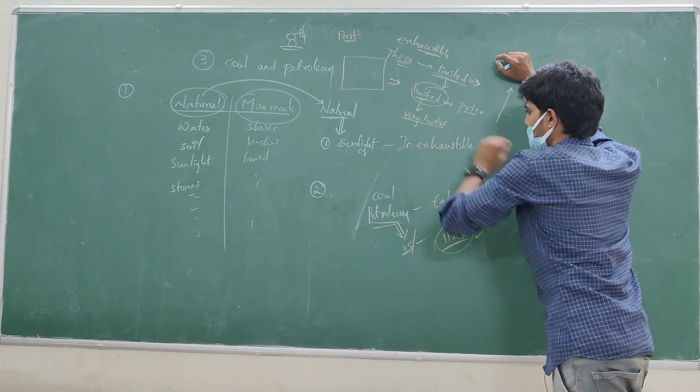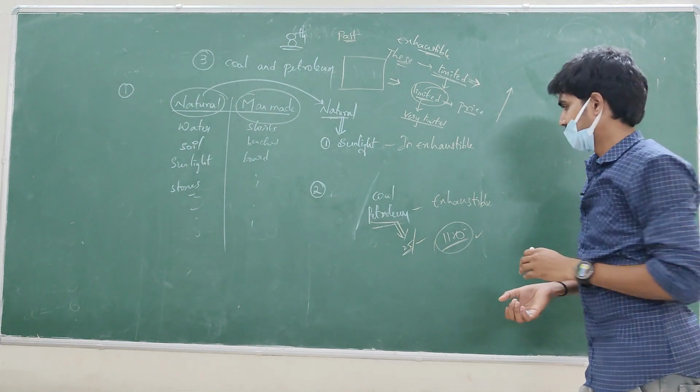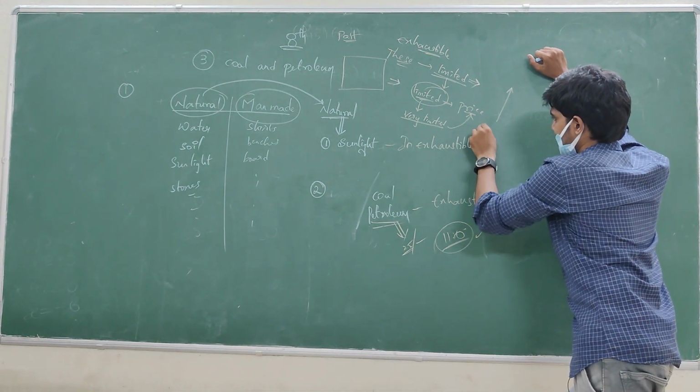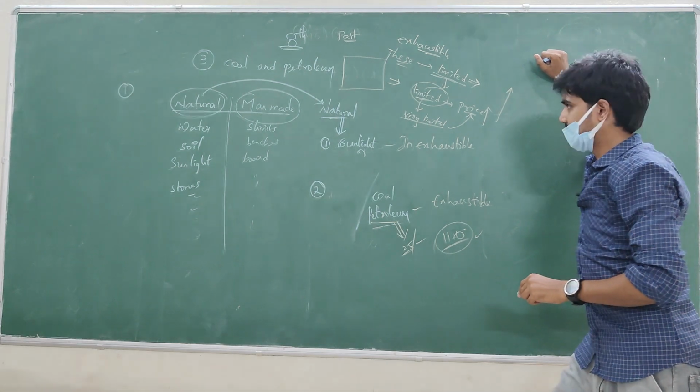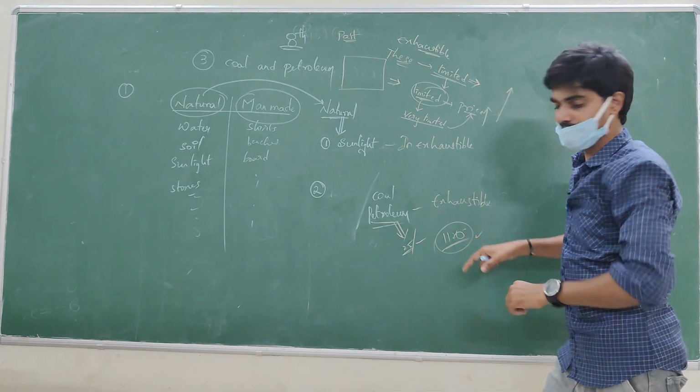If there is less in number, the demand increases, and if there is demand, the price increases. Due to this, the prices become high.